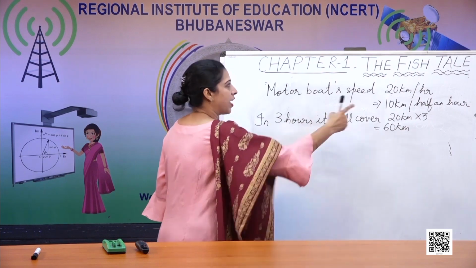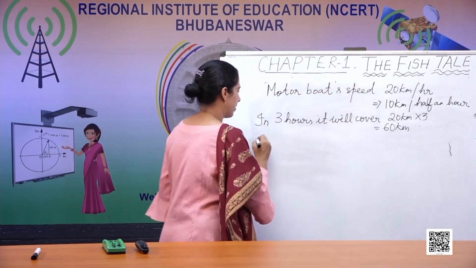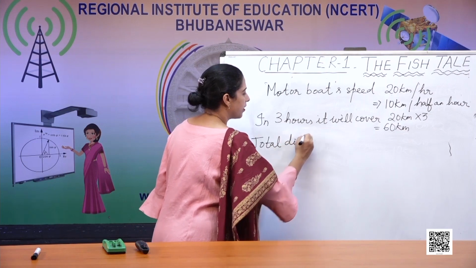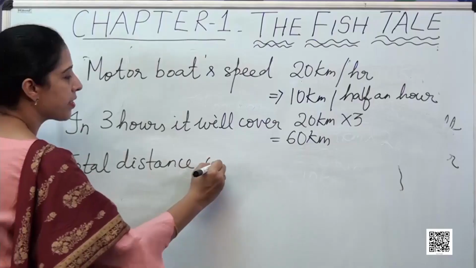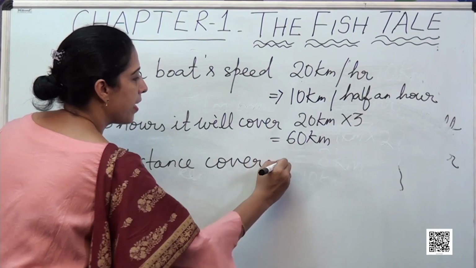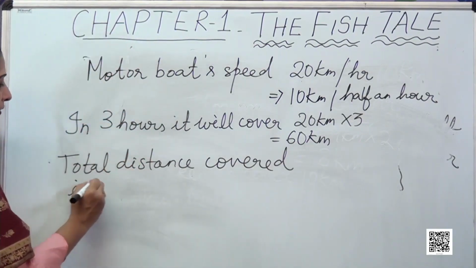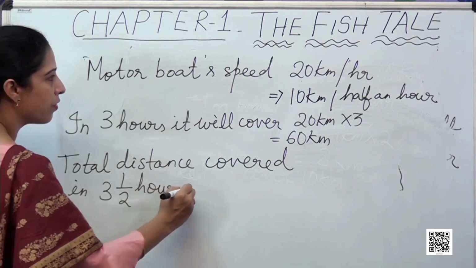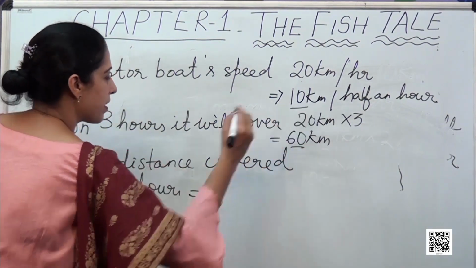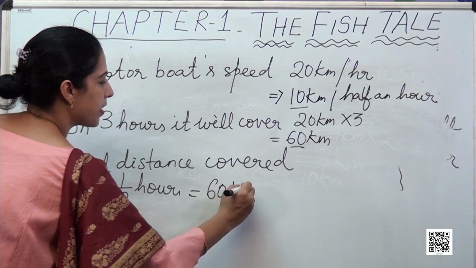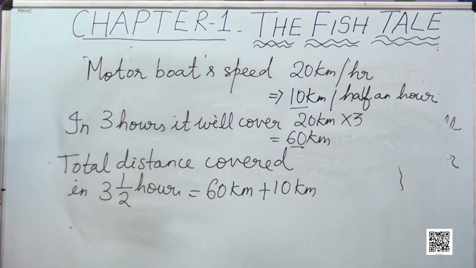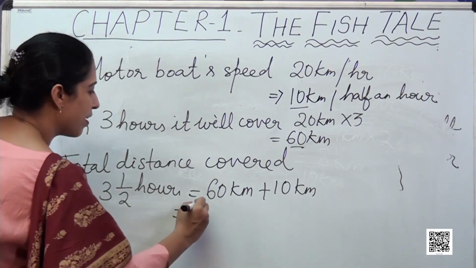Half an hour we have already covered as 10 kilometers. So the total distance covered in 3.5 hours is equal to 60 kilometers plus 10 kilometers, which is equal to 70 kilometers.